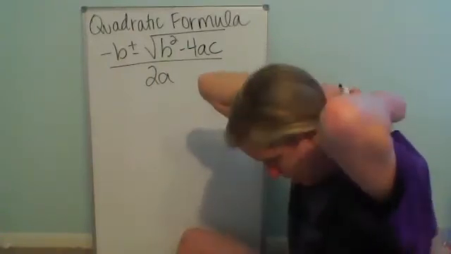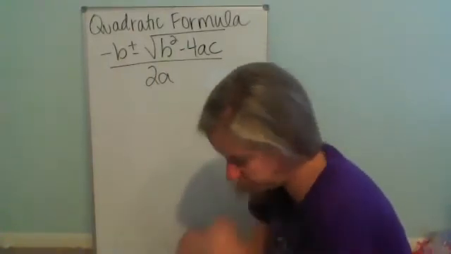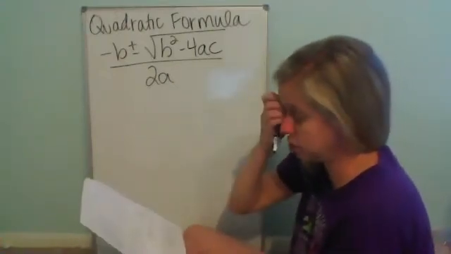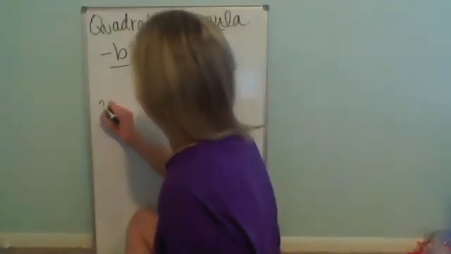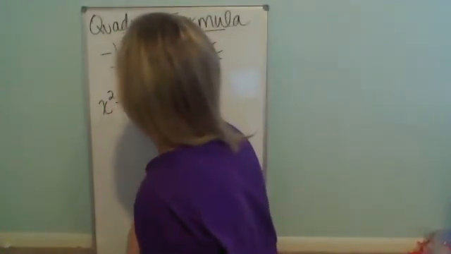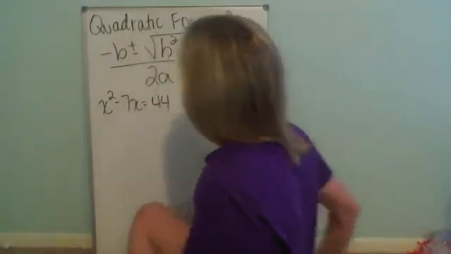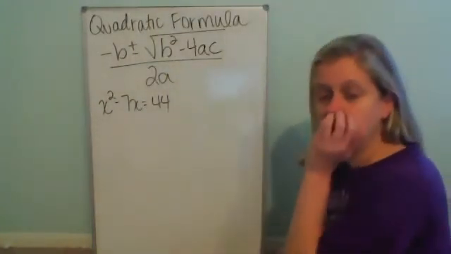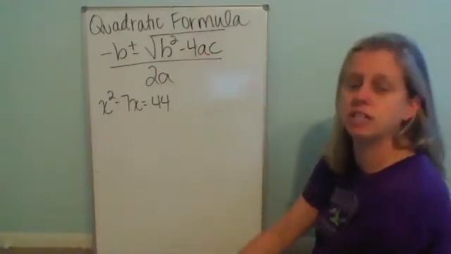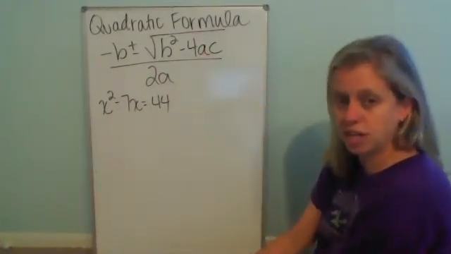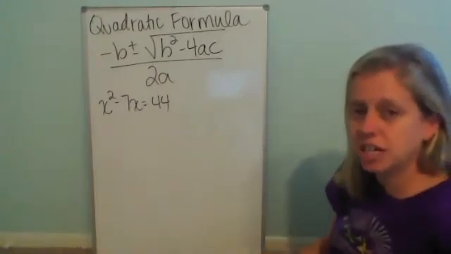So let's see. Number 12. You've got x squared minus 7x equals 44. So the first thing you're going to want to do when you're using the quadratic formula to solve quadratic equations is set your equation equal to 0.